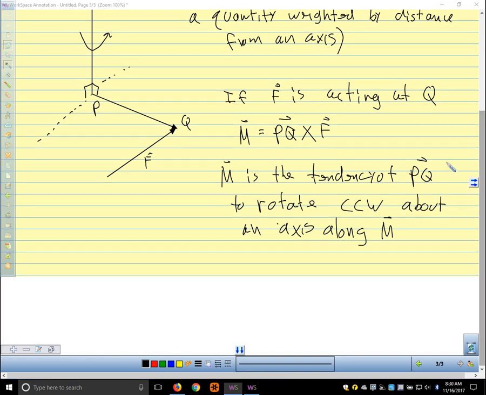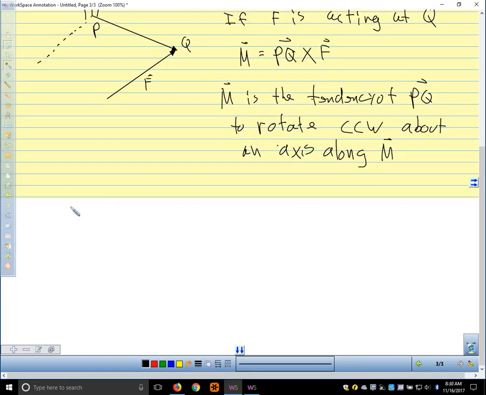The magnitude of the torque, the magnitude of M, is the magnitude of PQ times the magnitude of F times the sine of theta.